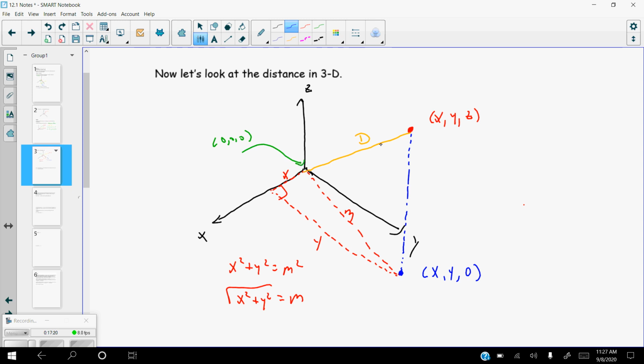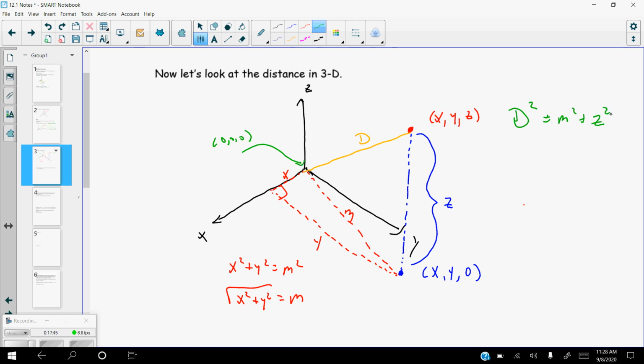I've got D and I've got M. But this blue piece over here is literally just a z distance. It is the distance from the blue dot to the red dot, which is vertical. So that's z. So really all this is going to come from d squared equals m squared plus z squared.